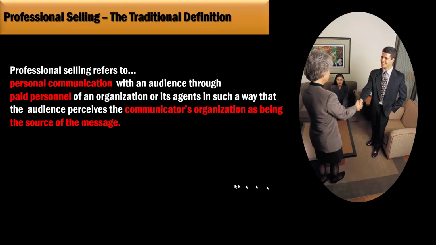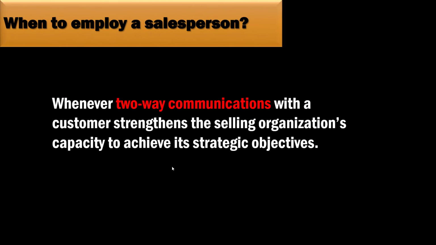If we're going to define personal selling, this is a traditional definition: paid personnel who communicate on the organization's behalf as a source of the message. That's a traditional definition of professional selling. Whenever two-way communication with a customer strengthens the selling organization's capacity to achieve its strategic objective, that's basically the response to when a company should employ a salesperson.